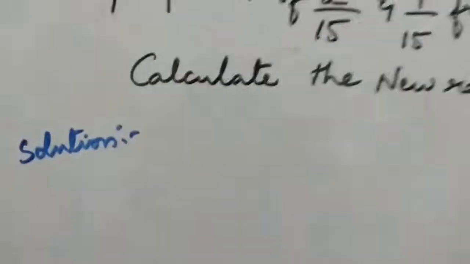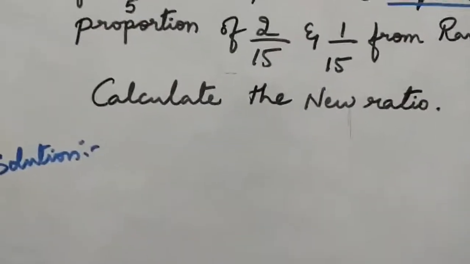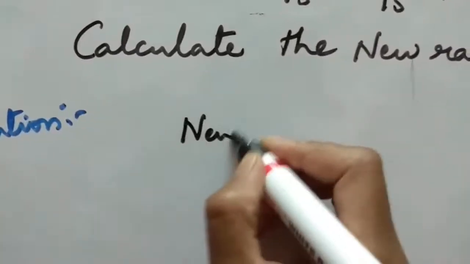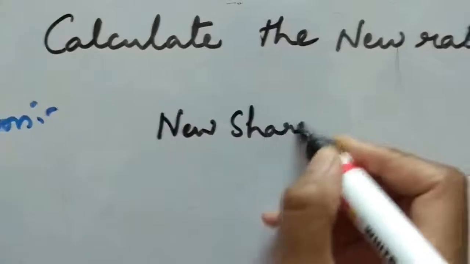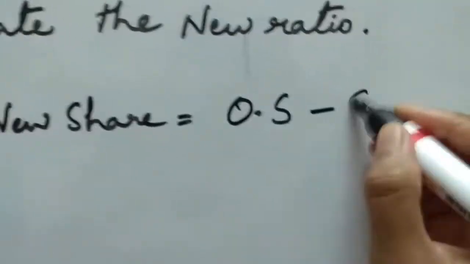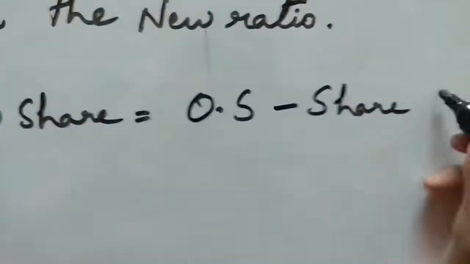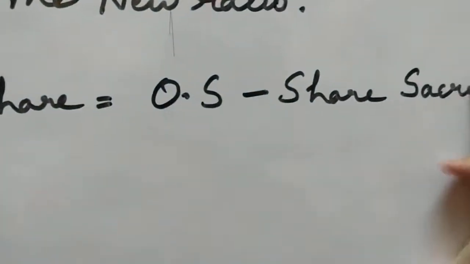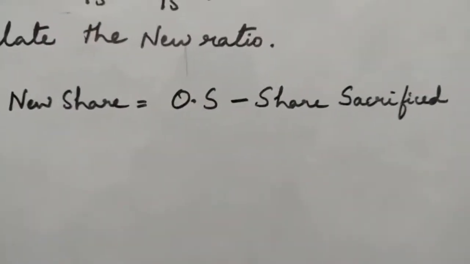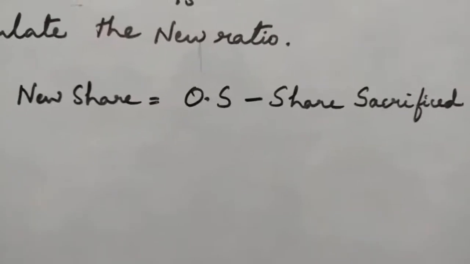first we need to take up the formula. New share is equal to old share minus share sacrificed. I'm just writing it in short form, so never mind, but you people have to remember to write it in the full form.